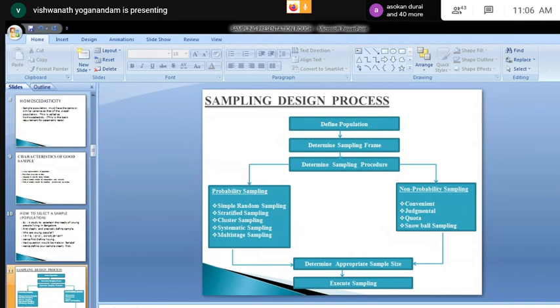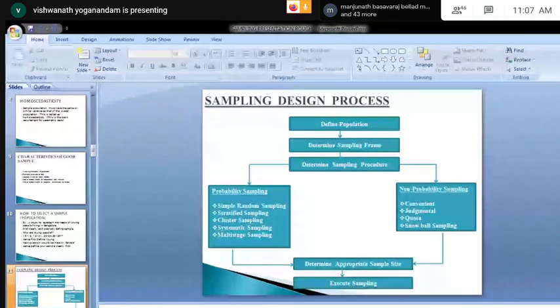Systematic sampling is sometimes called mixed sampling. Then under non-probability sampling, we have convenience, judgmental, quota sampling, and snowball sampling. Then determine the appropriate sample size. Then execute sampling.